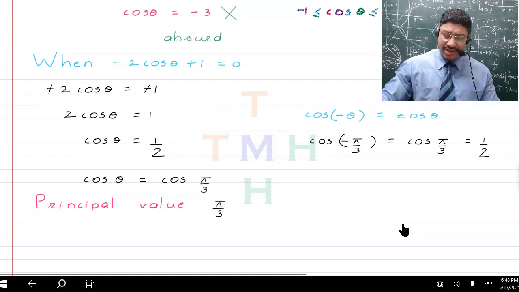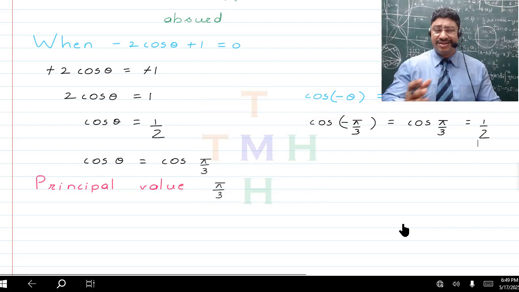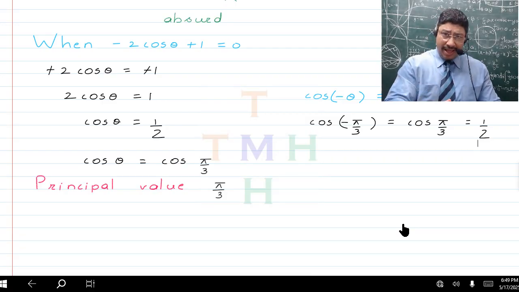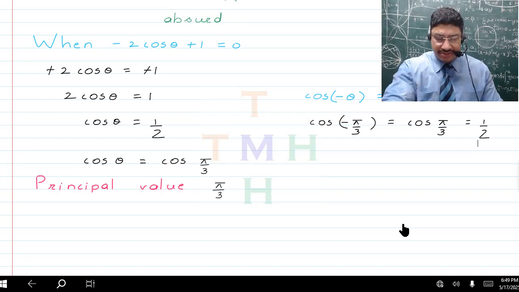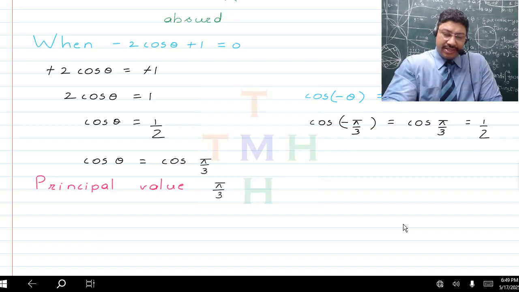So another value which is possible is going to be how much? Minus pi by 3. And since we are talking about the angles to be from 0 to 2 pi, now we will try and write this minus pi by 3 in terms of the angle when we are moving in the anti-clockwise direction, right? So here let's just try and consider what I'm trying to tell you.